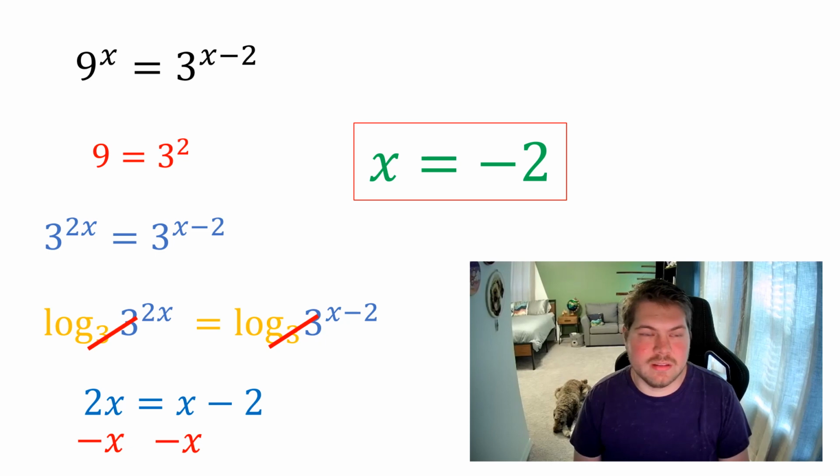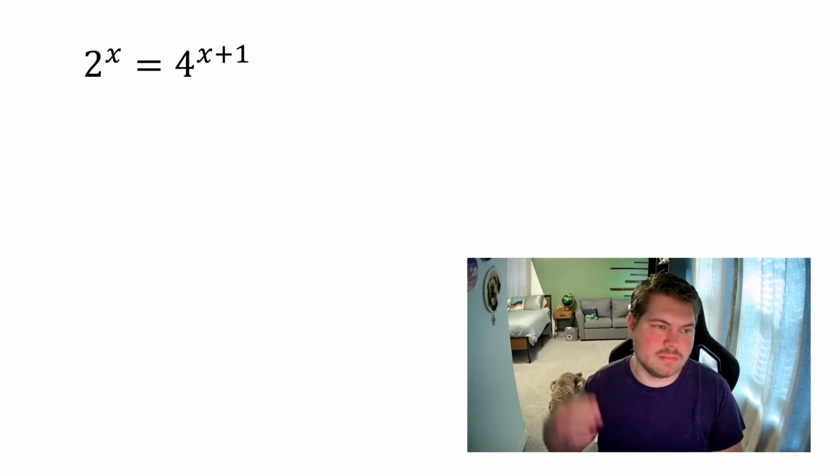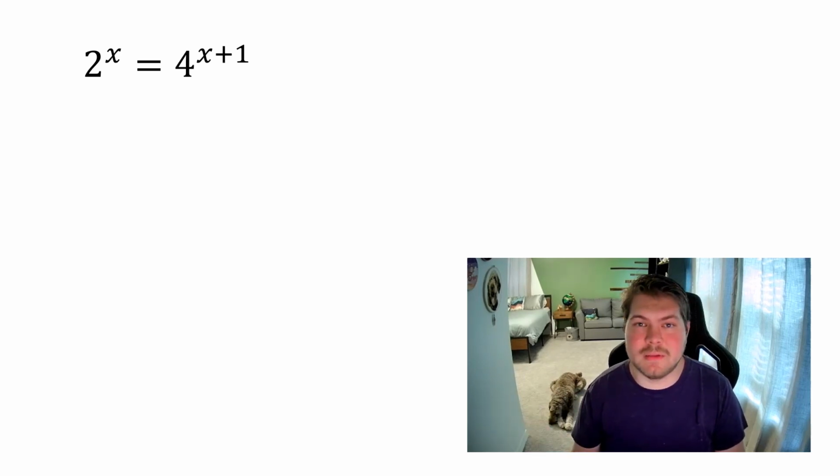And we can try the next one. So again, when you're looking at this, you can notice, how can I make these the same numbers that have exponents, and obviously it's going to be 2 because 4 is the same as 2 squared, right?